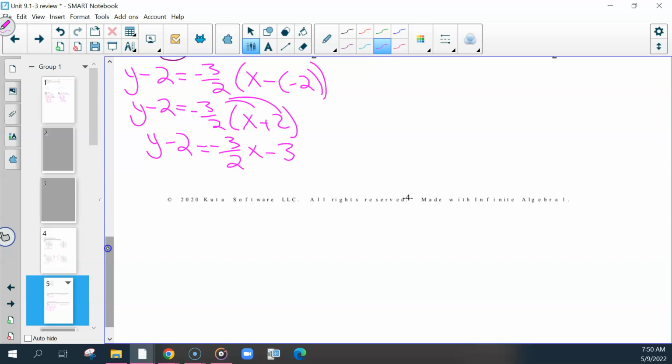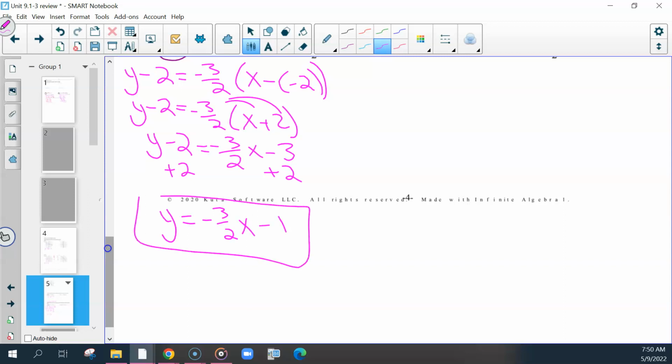And then what? So our final equation would be y equals negative 3 over 2x minus 1. What questions do we have on that one?